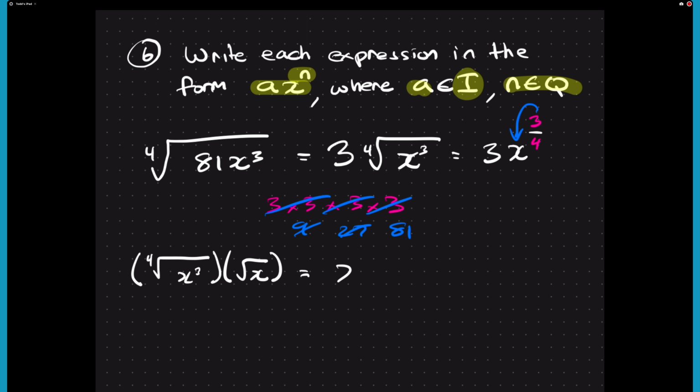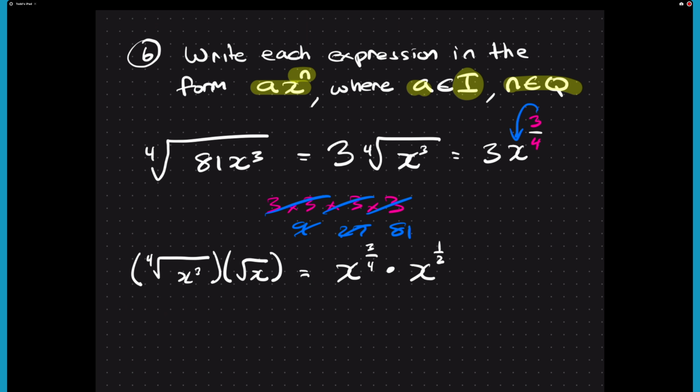So this would be x, we'll deal with the first one, raised to the power of, well, the index goes on the bottom and the exponent goes up top. So it's x raised to the power of 3 over 4 times x raised to the power of 1 over 2.